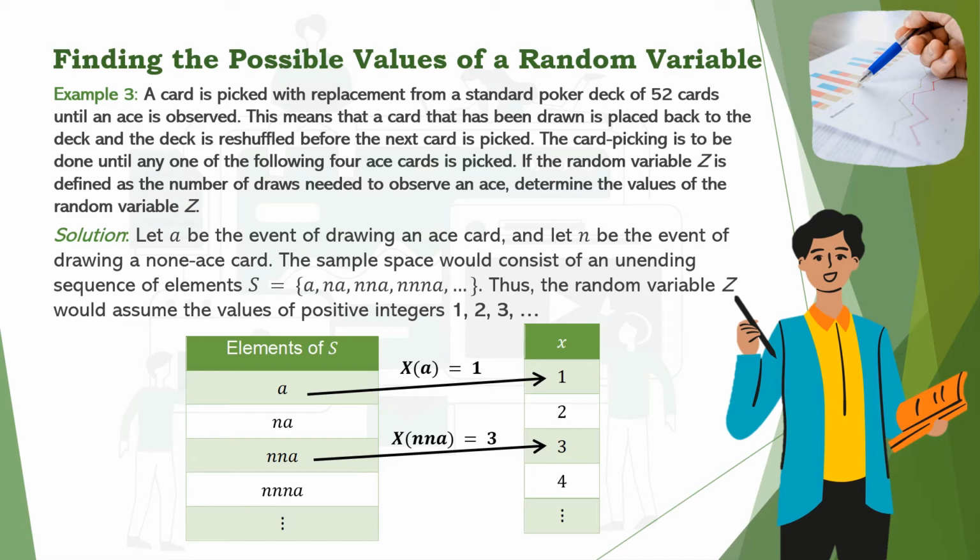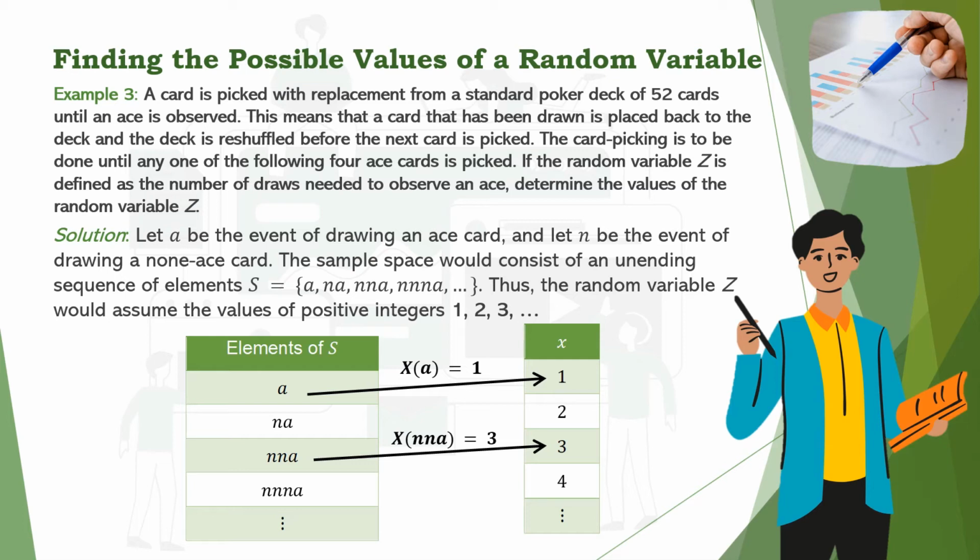So in this experiment, we will expect that the last event is always an A, which means an ace card is finally drawn, and all the previous events are represented by N, indicating that an ace card is still not drawn, or a non-ace card has been drawn instead. Para mapasimple, kung ilang beses ka nagpili ng baraha o ilan ang letra dito sa bawat element ng sample space, yan na mismo ang value ng random variable Z.